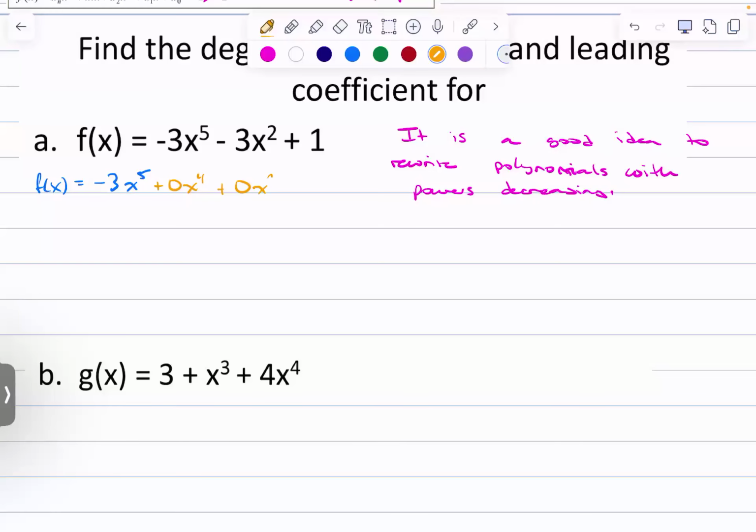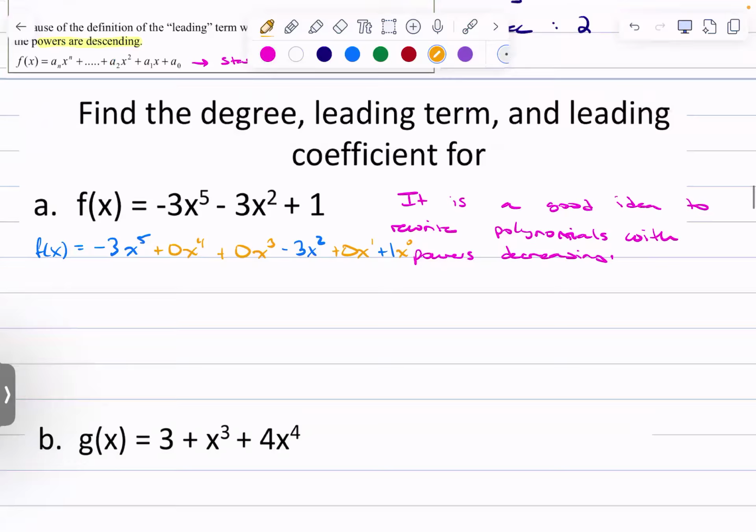Plus 0x to the 3 minus 3x squared plus 0x to the 1, but usually we drop the 1. Okay. I'll do it on here. And then plus 1 technically times x to the 0. Right? X to the 0 is 1. And so 1 times 1 is 1. And so we usually don't write it. But if you had to expand it all out and show all these terms, all these 0 terms, we tend to drop them.